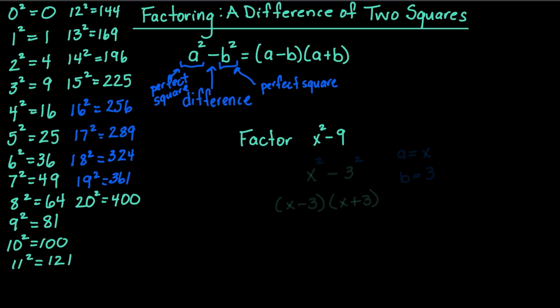So I have x, and that's being squared, minus, how do I get 9? That's 3 squared. So if I'm looking at my formula, a is x and b is 3. So x squared minus 9 will factor to x minus 3 times x plus 3.